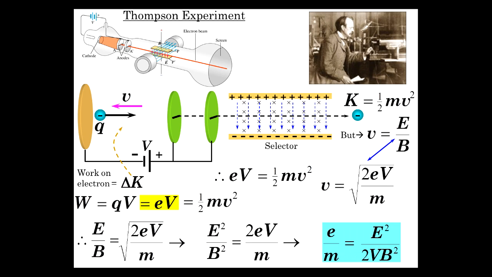And what Thomson discovered is that no matter what state of charge the particle was in, and whatever the mass is, maybe not knowing particularly what the mass is, but adjusting these adjustable parameters, the voltage, the magnetic field, the electric field, this ratio would always equal this. With enough experimentation, he discovered the discrete nature of the charge.